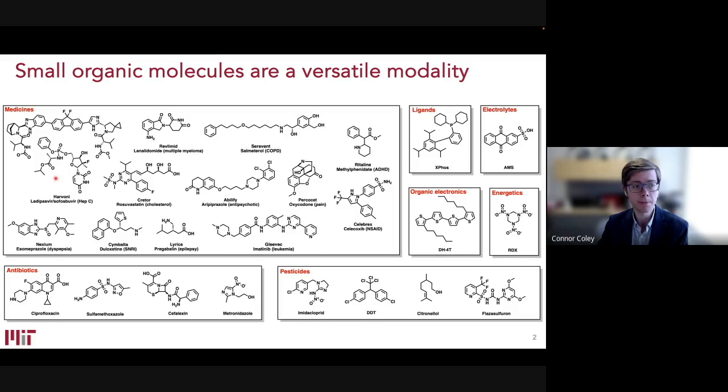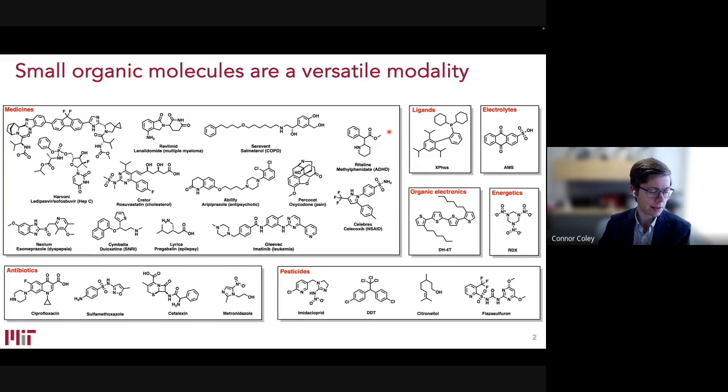And so that ranges from therapeutic applications, where you might interact with a target protein of interest, antibiotics, pesticides in agriculture, to also applications in material science, defense, and materials for batteries as well. There's really a whole host of applications.